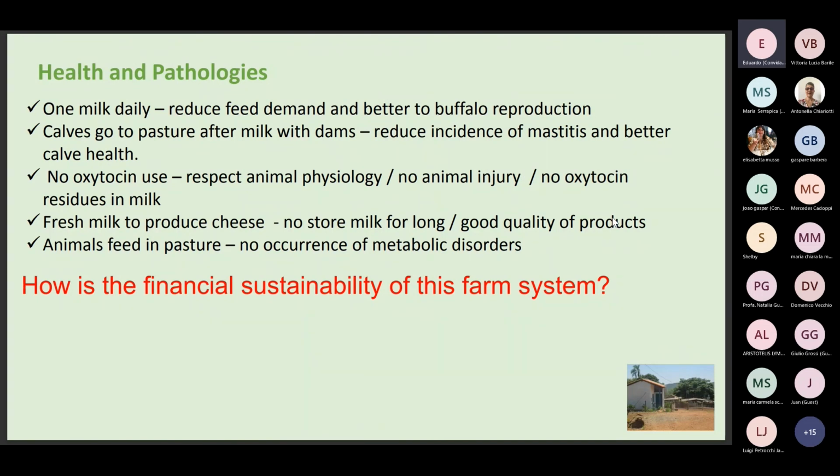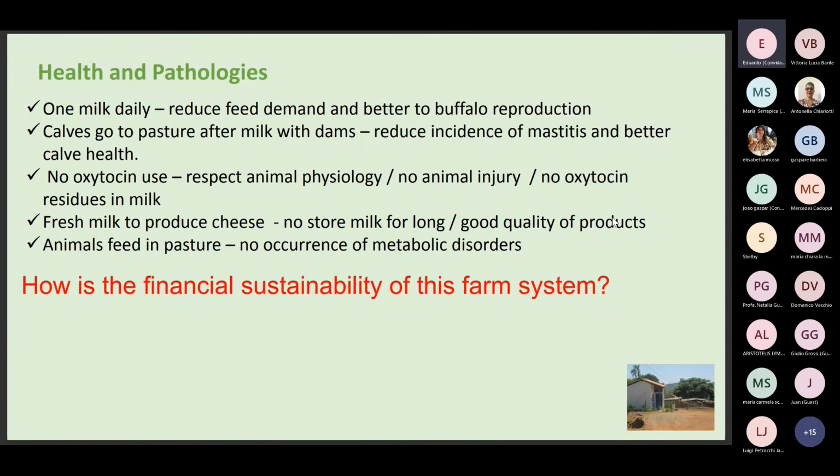Okay, they are not obligated to eat only that type of forages or grains that we force them to eat in the corral. They can select different plants, they can promote better rumination, maybe they can produce more B1 vitamin, more thiamine, and reduce the incidence of some specific diseases.